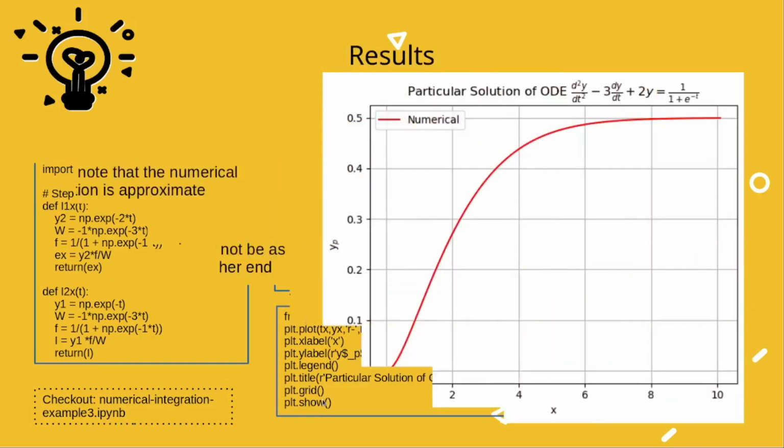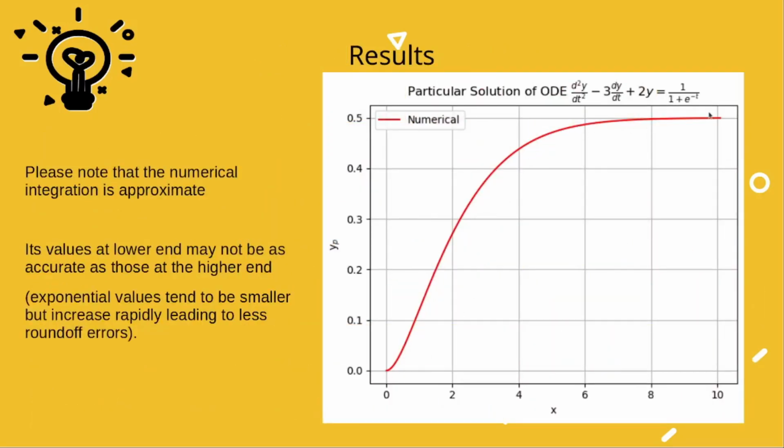So when I run this code, I'm going to get a plot that looks like this. Here's my title, particular solution P. Y sub P is what I'm plotting on the y-axis, and then X is what I'm plotting on my x-axis. And you can see that it starts off at 0 and goes up and asymptotically approaches 5.